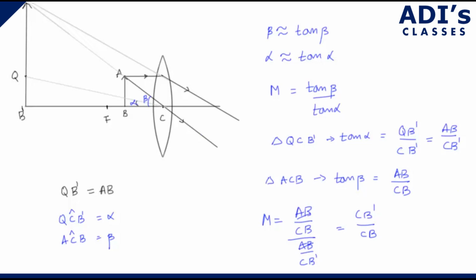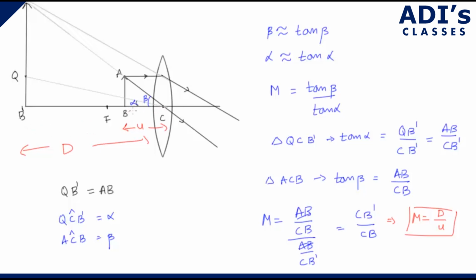Now if you look at the figure, CB dash is nothing but V and CB is nothing but U. In this case, we'll consider CB dash as D. This distance we'll call D, and this distance is obviously U. So we get m is equal to D divided by U. This is the magnification produced by a simple microscope.